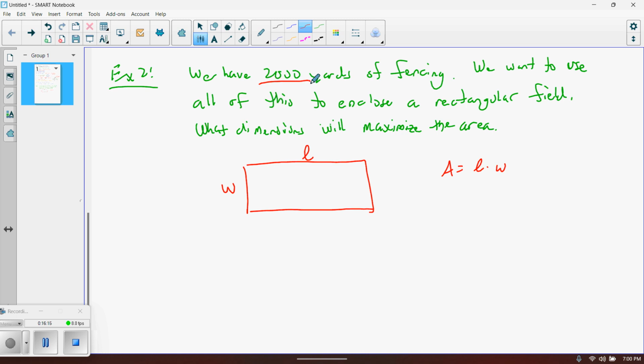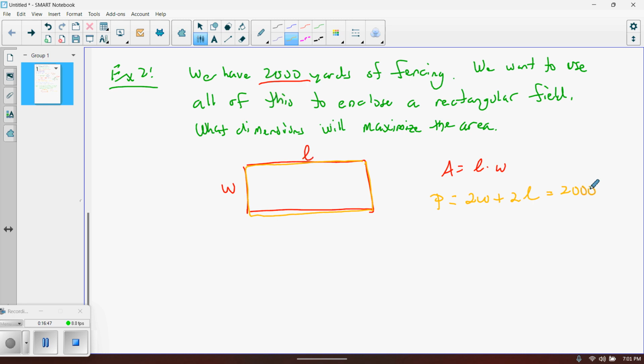If I have 2,000 yards of fencing, basically that tells me what I have to put on the outside of this fence, or the perimeter. And hopefully we know that the perimeter of a rectangle is 2 widths plus 2 lengths. And they tell us in this case that our perimeter is 2,000, because we're trying to use the whole amount of yards of fencing that they gave us.